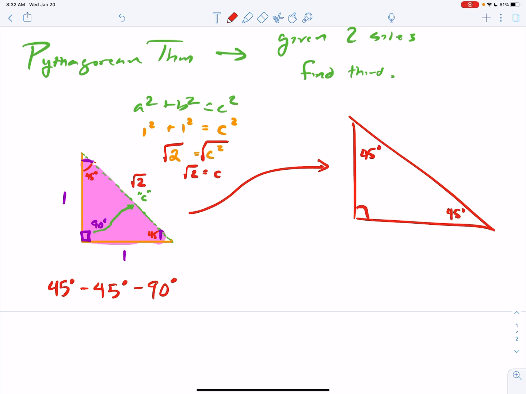Here's how you guys remember it: just think of it as all sides are the same, but the hypotenuse has an extra radical 2. Notice how I put a 1 right here, because the legs were a length of 1.